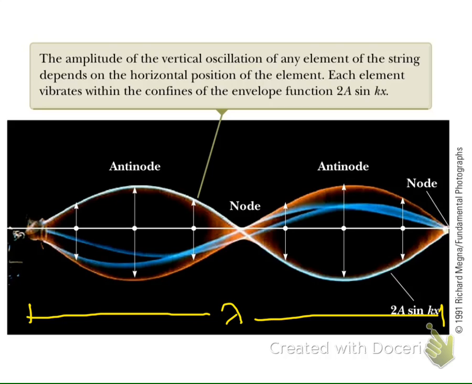So from this we can see that at the position x equal to 0, x equal to half of the lambda, x equal to the lambda, and so on, we will have the position of the node.